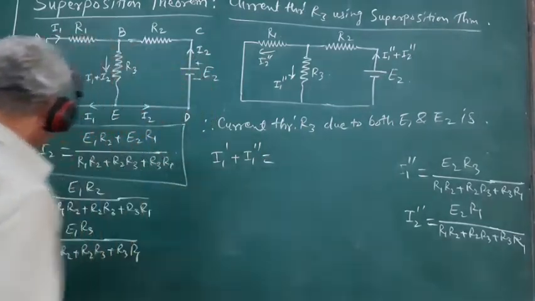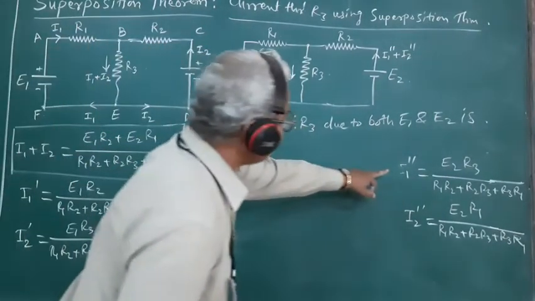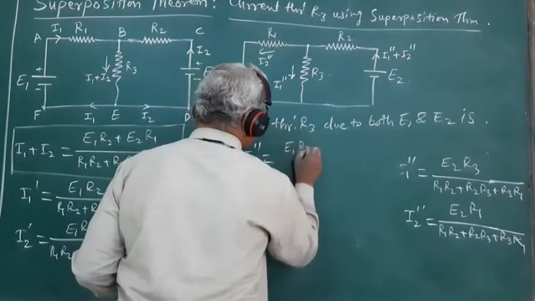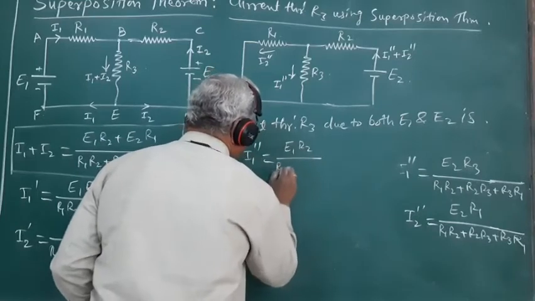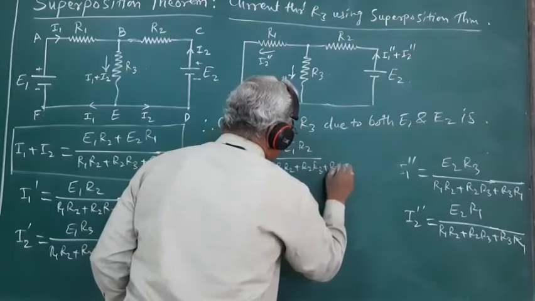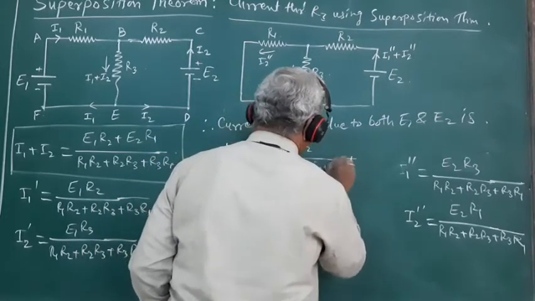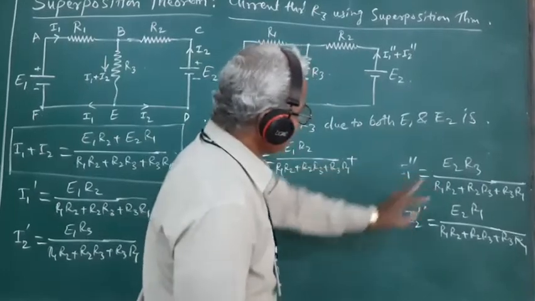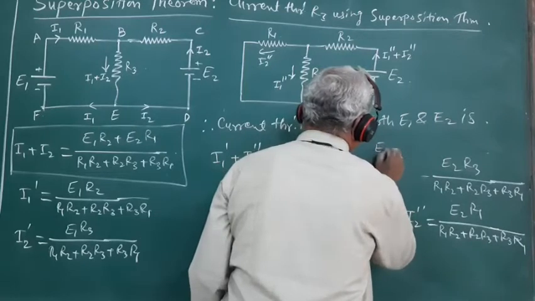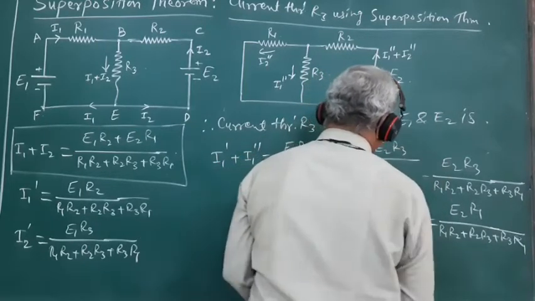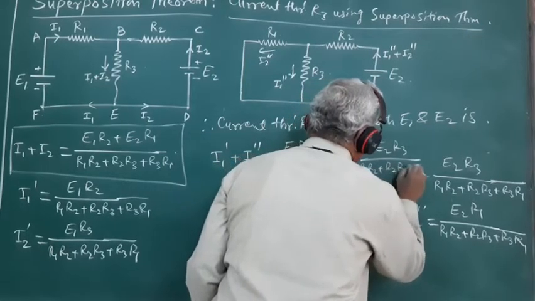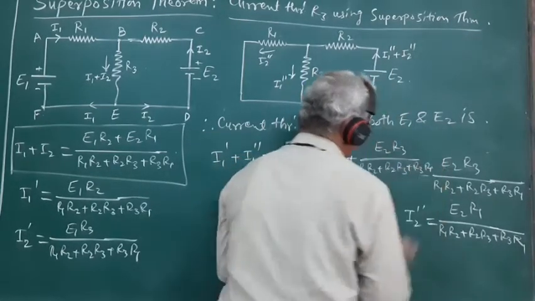So using these expressions for I1 prime and I1 double prime here, we get E1 R2 upon R1 R2 plus R2 R3 plus R3 R1, plus I1 double prime, which is E2 R3 divided by R1 R2 plus R2 R3 plus R3 R1.